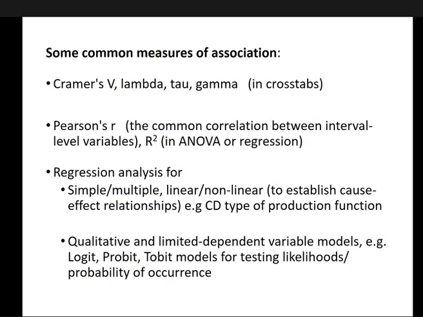And this regression could be linear, meaning that you are hypothesizing that the increases or decreases in an independent variable will have a certain effect on the dependent variable, and that is a linear relationship.